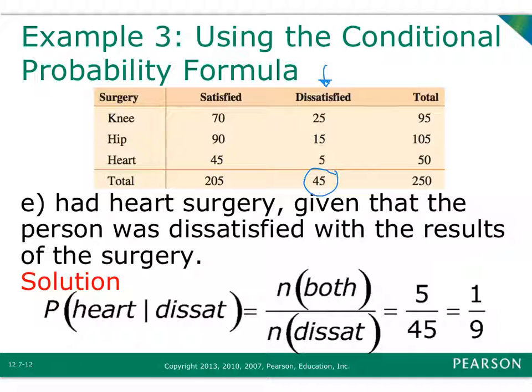We had 45 patients that were dissatisfied out of the survey. But of those, only 5 that were dissatisfied also had heart surgery. So that ends up being 5 divided by 45, or 1 out of 9 patients that were dissatisfied had heart surgery.